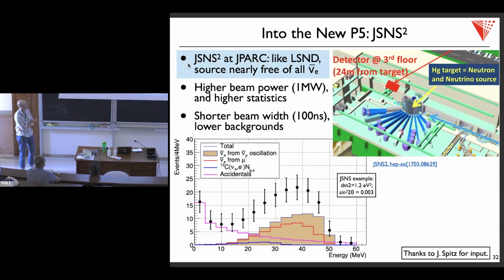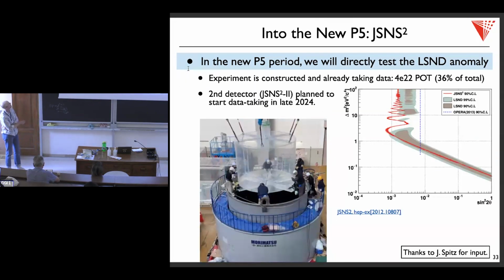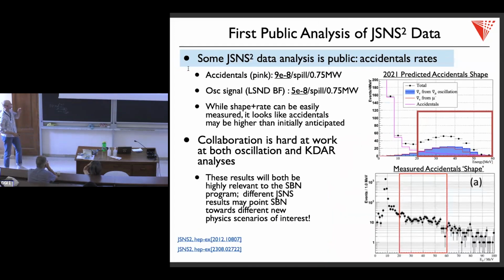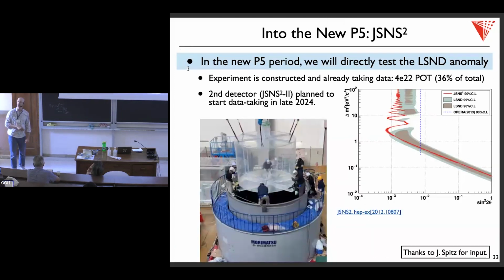The second detector is planned to start data taking in late 2024, and the first detector has already taken basically four years of data on electron neutrino appearance. The statistics for this experiment accrue slowly.